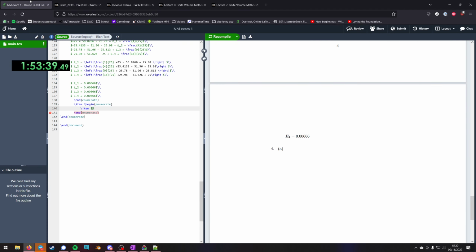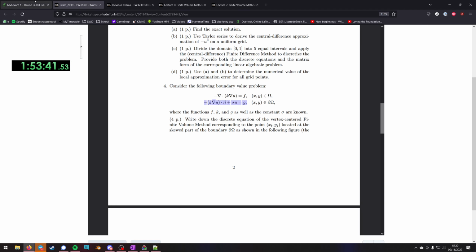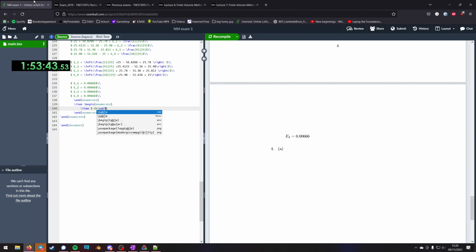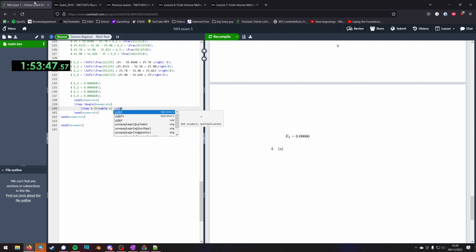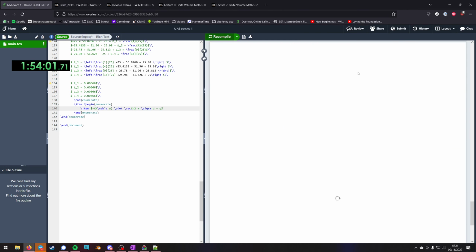So it is negative k nabla u c dot vec n plus omega sigma balls u equals g. Okay. So this is the equation that we should be trying to solve.